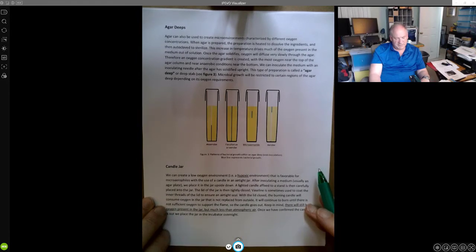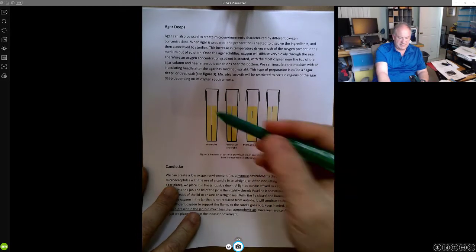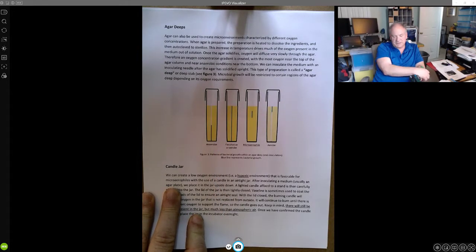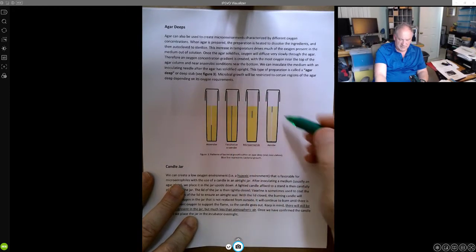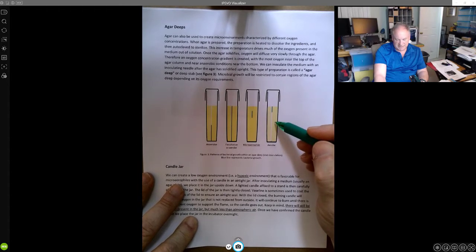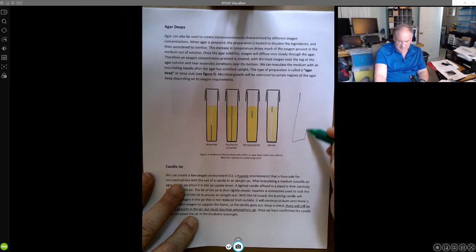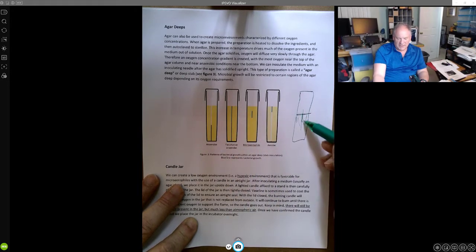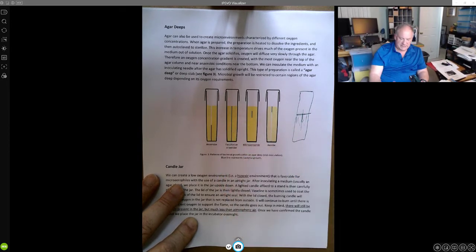The same sort of thing is with agar deeps. In other words, you just stab them, and the stab where it grows does the same thing, so you don't have to worry with a liquid type. Again, oxygen diffuses a little bit slower in the agar, and usually you don't get as much movement like you do in liquid, and so you'll see where certain microorganisms will grow where they're happy with the amount of oxygen in the environment.